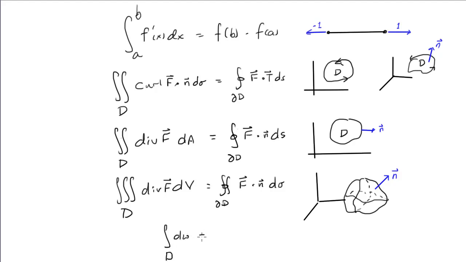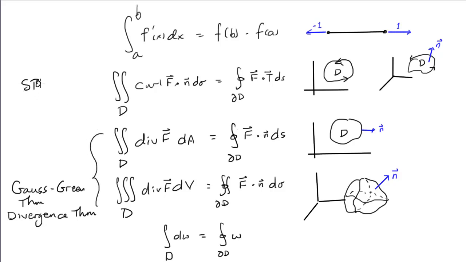In the differential form language, this is Stokes' theorem. The Gauss-Green theorem, or the divergence theorem, or the generalized Green theorem, all these names are used. And then Stokes' theorem.